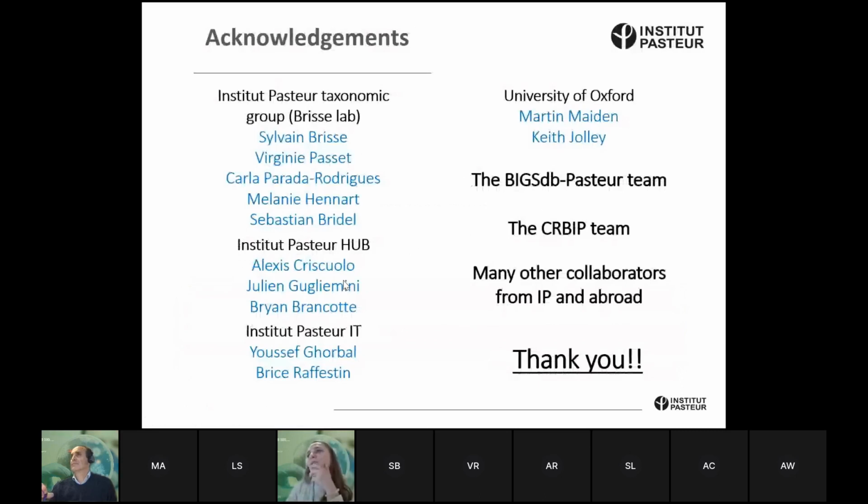Just to conclude, I want to acknowledge all the persons and members that participated in this project along several years, especially the taxonomy group of the Brisse lab, and also in Institut Pasteur our colleagues from the bioinformatics department and from the high performance computing department, as well as I would like to thank our partner developer, the University of Oxford, and the BIGSdb-Pasteur team, CRBIP team, and all the collaborators from now and from the past that contributed to that.